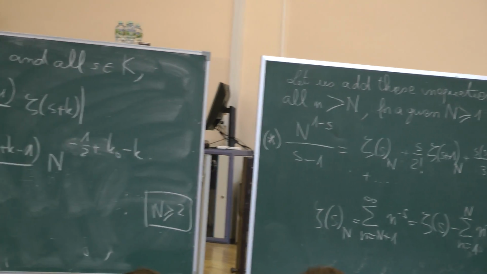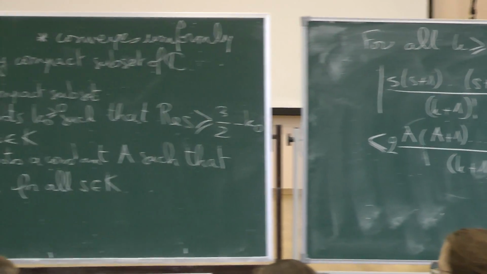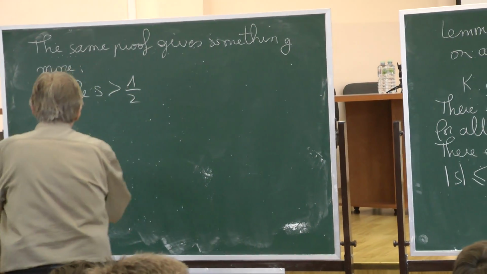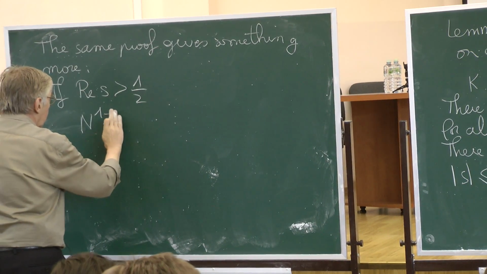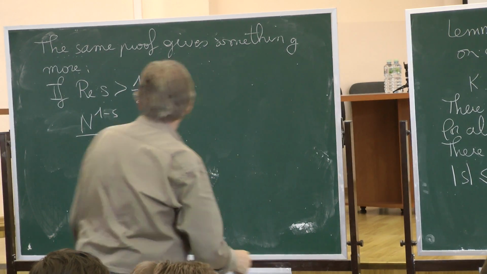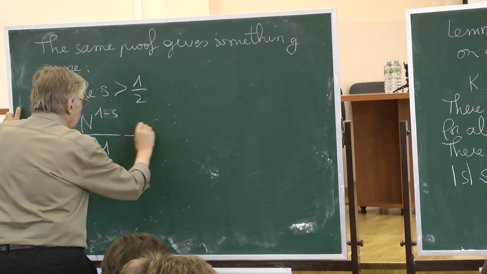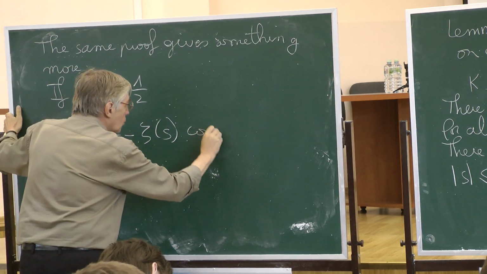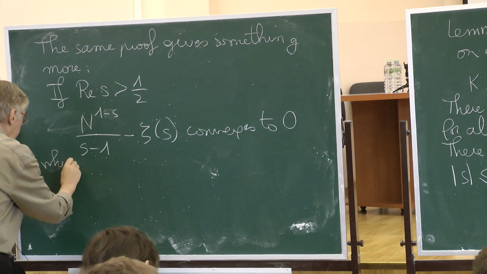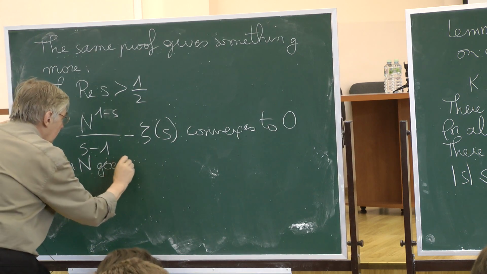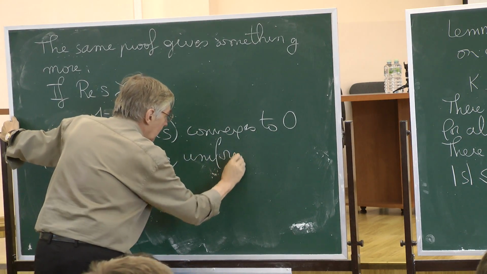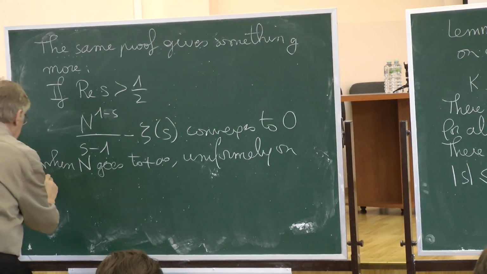If real part of s is larger than a half, then n to the power 1 minus s divided by s minus 1 minus zeta of s converges to 0 when n goes to plus infinity, and this convergence is uniform on any compact set.